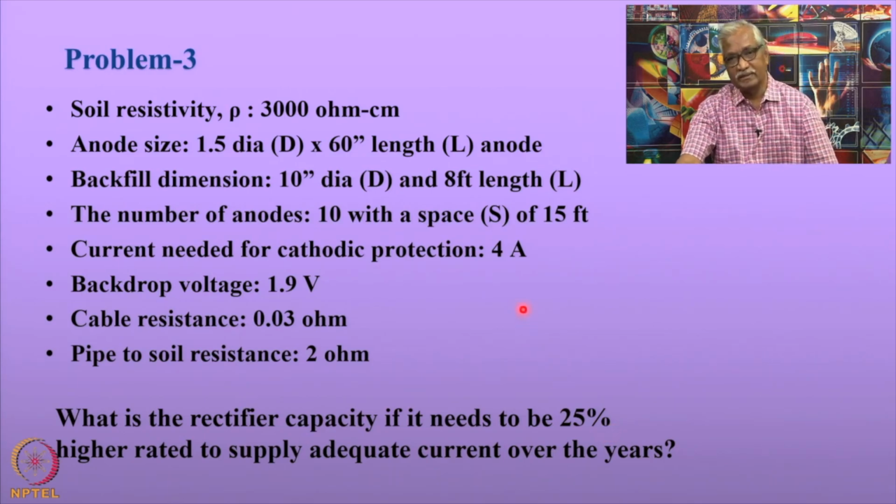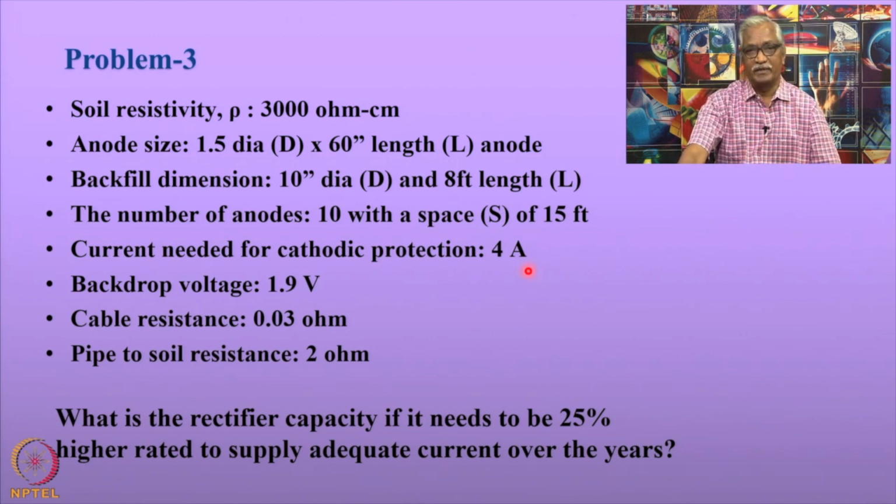So, we need to calculate what is the capacity of the rectifier. The capacity of the rectifier here refers to the voltage, and of course, when we talk about a 25% increase in current, you can always calculate the overall current required. The capacity of the rectifier is known, but what is to be calculated is the voltage of the rectifier.